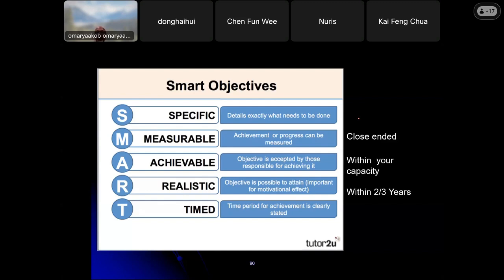Because the objective is to answer the research question. Achievable: it must be within your capacity. We don't want, for example, our objective to be developing a rocket to go to the sun. It must be realistic, within 2-3 years, and time within the period.